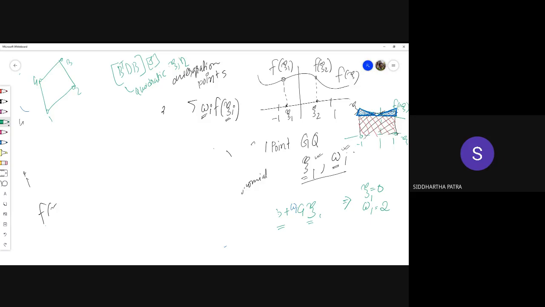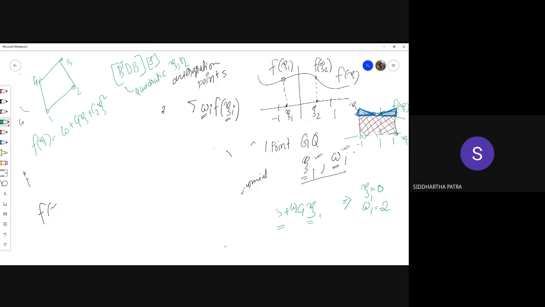Since it is quadratic in xi and eta, let's take a quadratic function: C0 plus C1 xi plus C2 xi squared. Obviously, this cannot be exactly integrated using a single point Gauss quadrature.